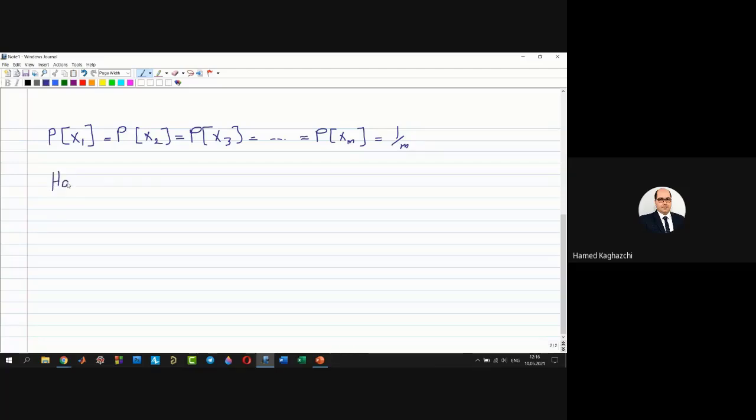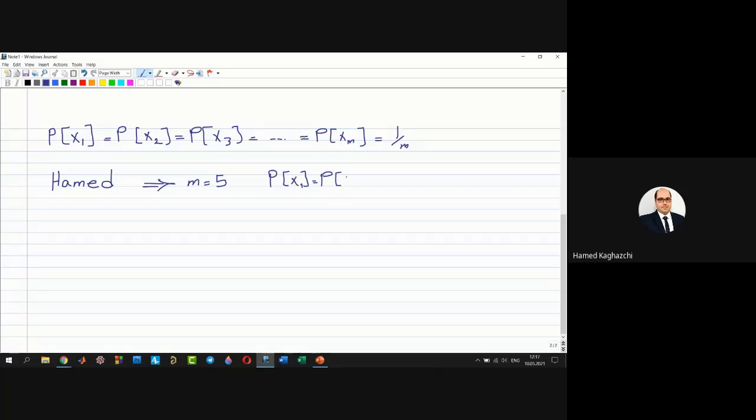This is my text, my data file. How many symbols do I have? 5. M is 5. And what about the probability?